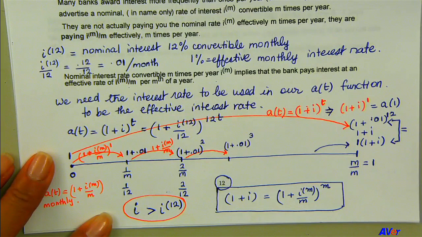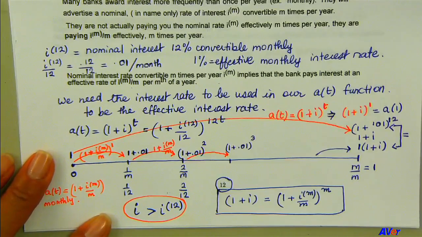The more you compound, the less you begin with, right? We know that. So if I were to compound 12 times a year, I could start with a lower interest rate than if I were compounding 2 times a year or 1 time a year, which is what we're talking about here. So she's absolutely right. Follow?